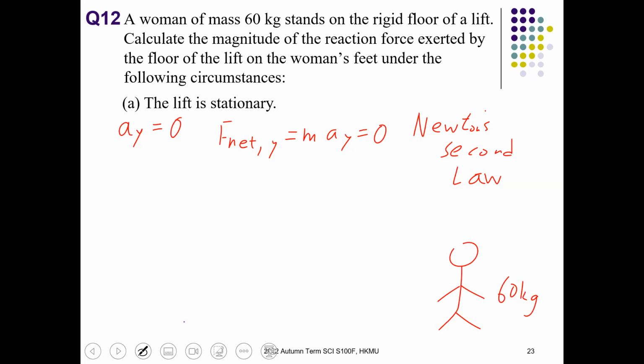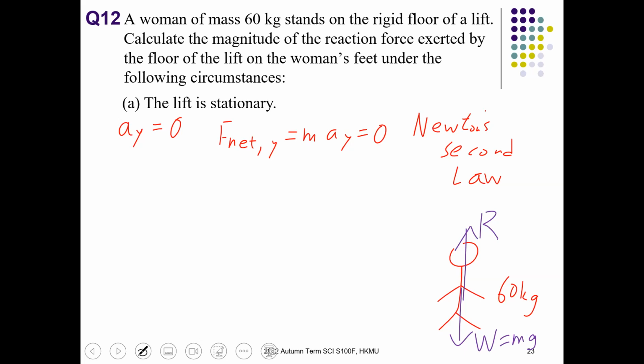There will be two forces acting on the woman in the y direction, or you can say vertical direction. The first one for sure is the weight, equal to mg. And also it has the normal reaction. For a free body diagram, we know there are two forces acting on the body, and these two forces contribute to the net force.